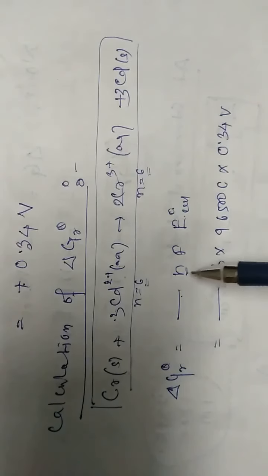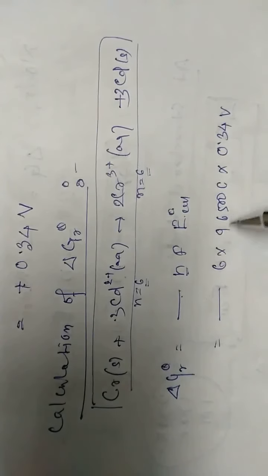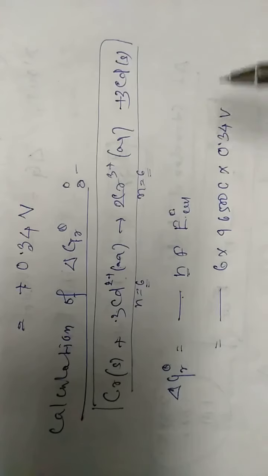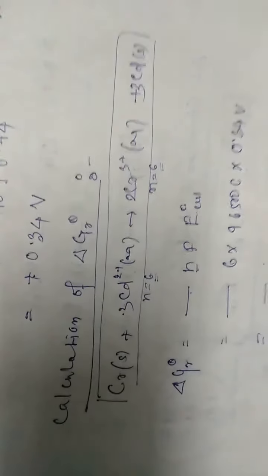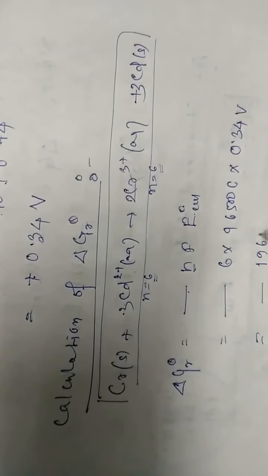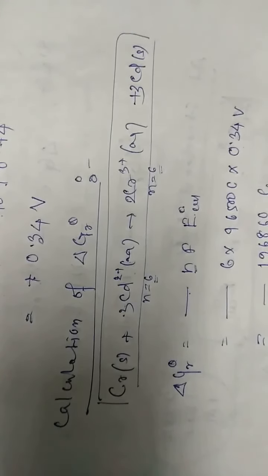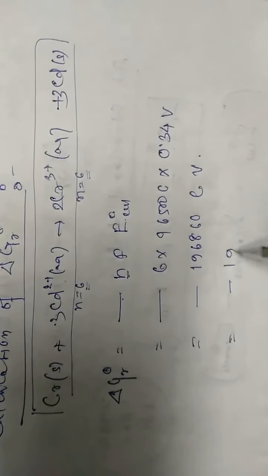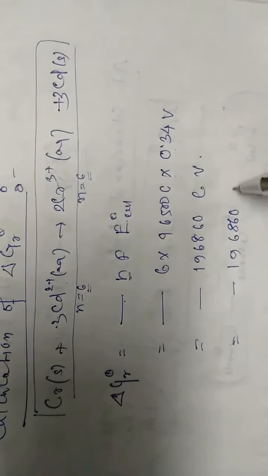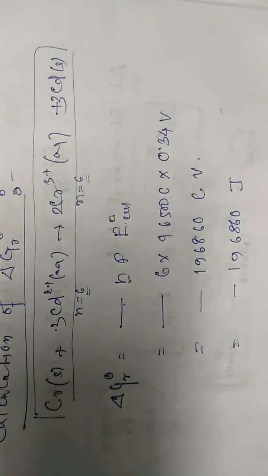So n equals 6. F is Faraday's constant, 96500 coulomb, and E naught cell is the standard cell potential. After the calculation, this is equal to 196860 coulomb into volt, and coulomb into volt equals joule.